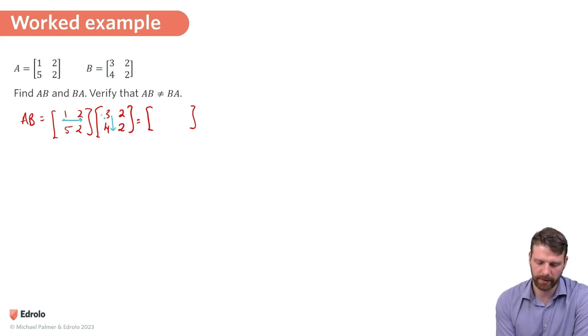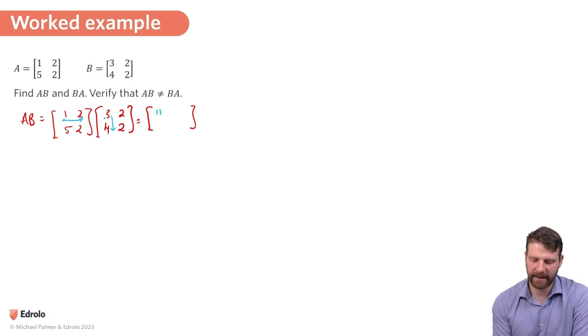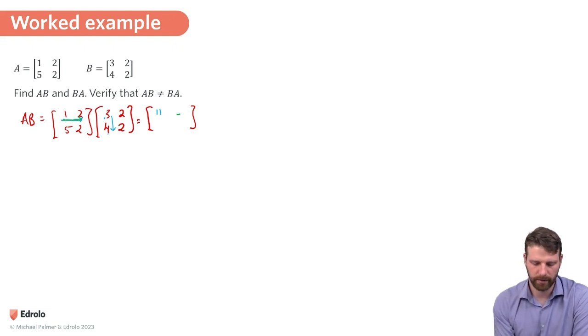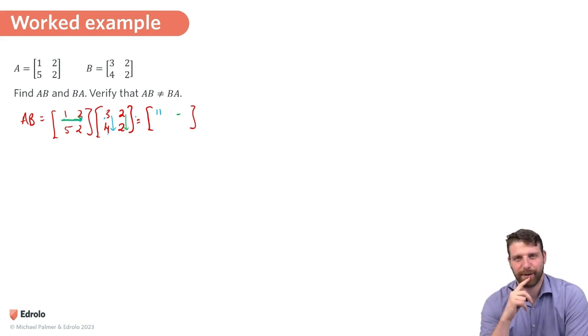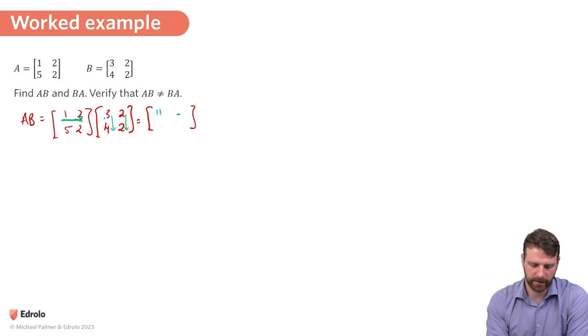So that's 1 times 3 plus 2 times 4. 1 times 3 is 3, and 2 times 4 is 8, and putting them together gives me 11. Now I need to work out the number in row 1, column 2. So I need to multiply row 1 and column 2, or take the dot product if you want to be correct. So 1 times 2 is 2, and 2 times 2 is 4. 2 plus 4 is 6.